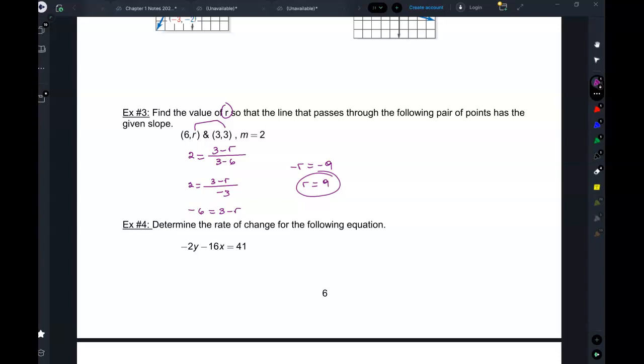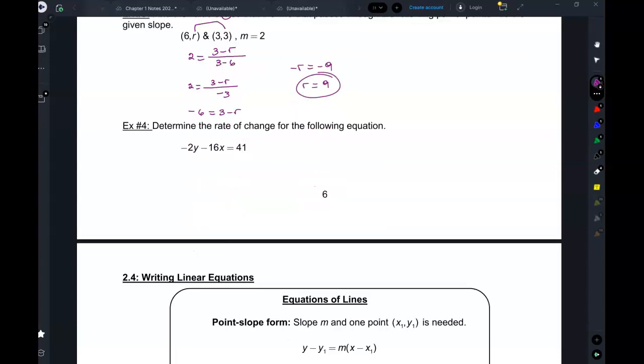All right. Here, we want to find the rate of change, right? So remember, rate of change is slope. It's the same as slope. So if I have an equation, y equals mx plus b, that m is the slope. So maybe we can write this as y equals something, right? So let's see. Negative 2y is equal to 16x plus 41. Not yet. We're not done yet, right?